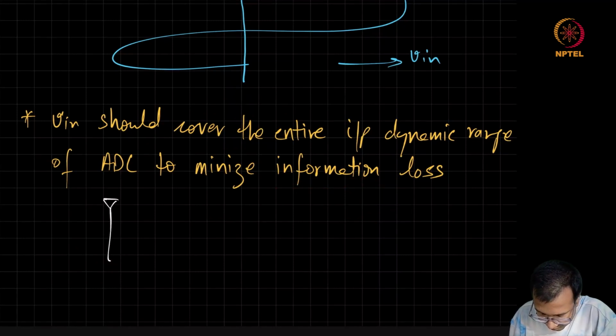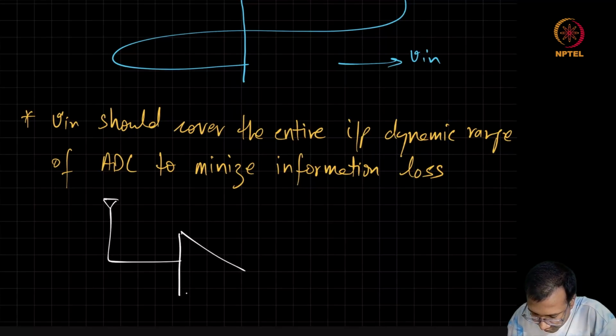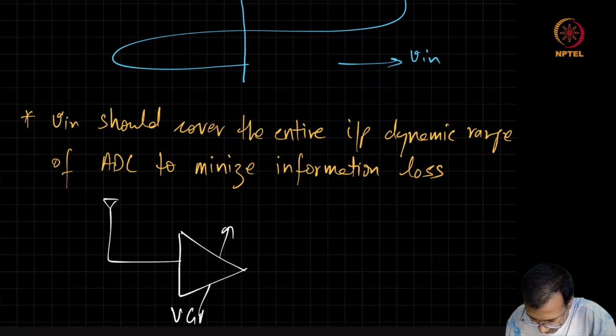we need to ensure that when the signal is being fed to the ADC, before that we add some kind of variable gain. Okay. So this is also called a variable gain amplifier.